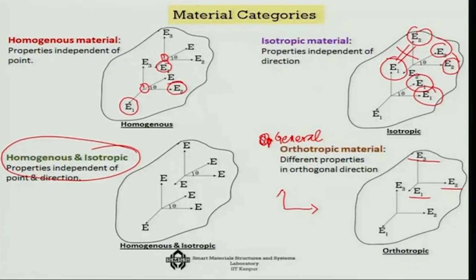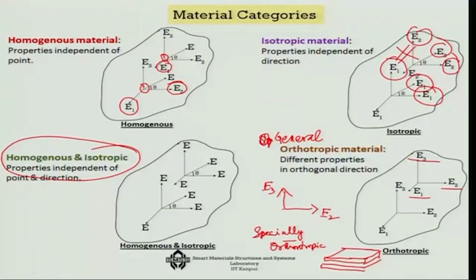That means, something like E2 and E3 will vary, okay, but E1 may remain the same. So, that is what happens for a specially orthotropic material. This is typically the case if you consider a laminated composite, then each lamina, which is very thin in one direction, is considered to be a specially orthotropic material. So, that is a very special case of a general orthotropic material.